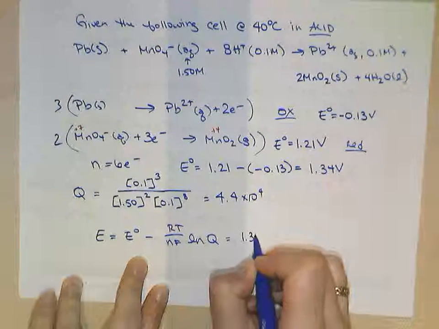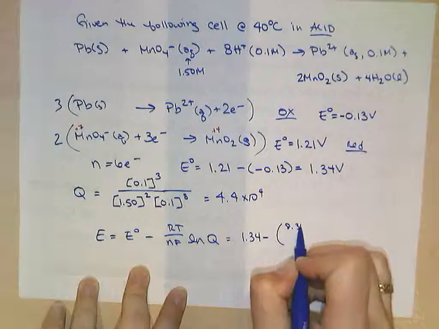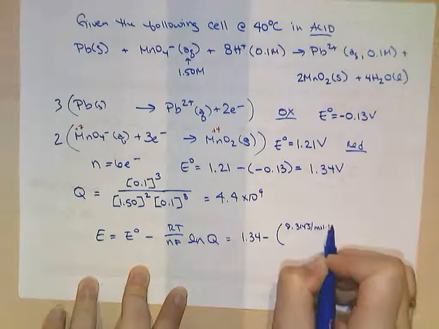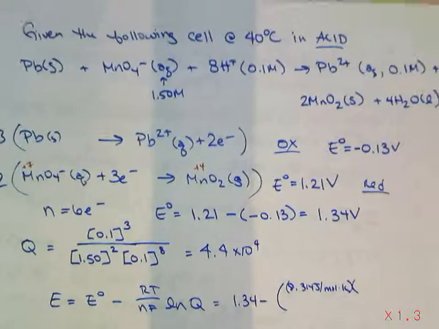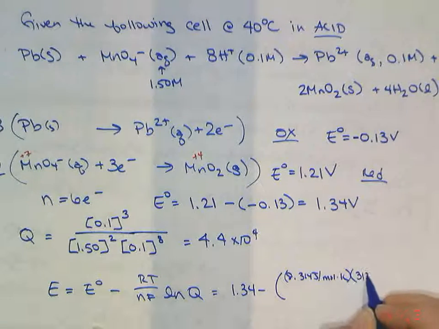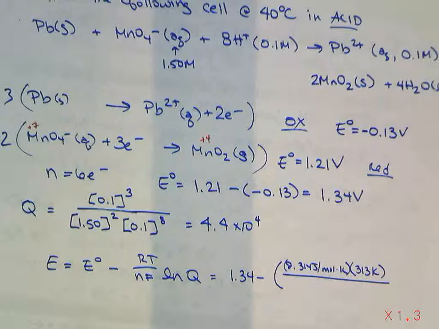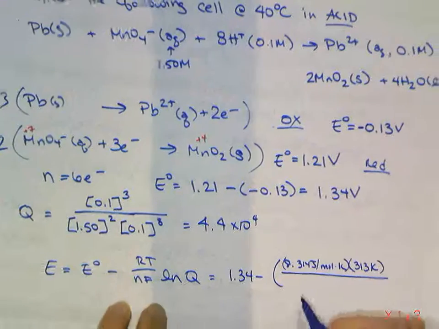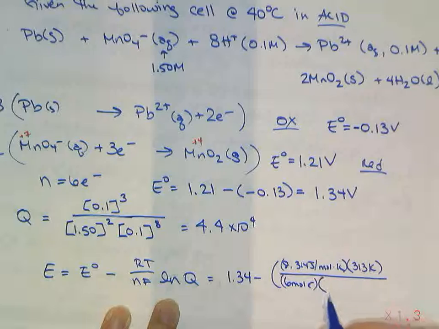Okay, so what do I use as R? Yeah, the 8.314. My temperature is 40 degrees Celsius, so it should be 313 Kelvin. All right, so what do I use as n? 6, good. And does anyone happen to have F off the top of their head yet?